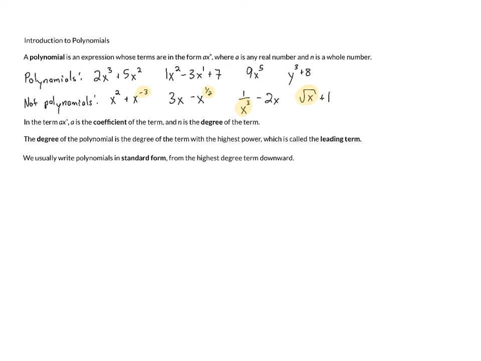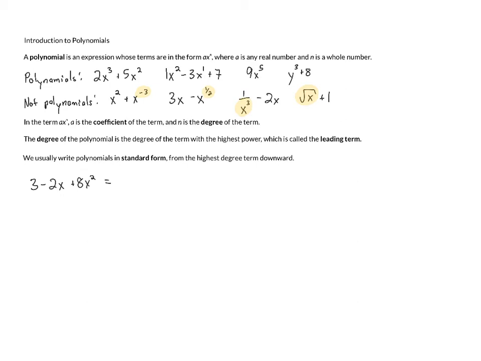Let's look at two polynomials that aren't in standard form, and let's write them in standard form. So let's take a look at 3 minus 2x plus 8x squared. This is a polynomial. All the terms are a number times a variable to a power, or a constant term. And those powers are all whole numbers.